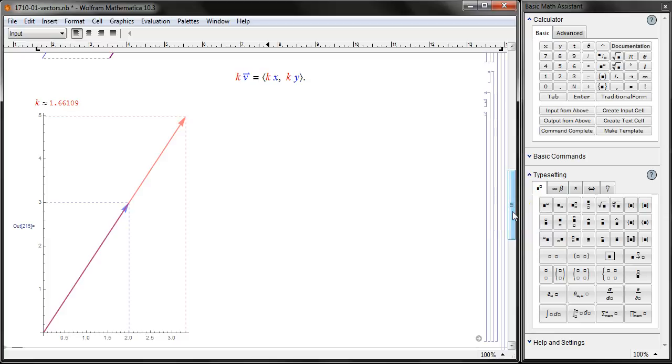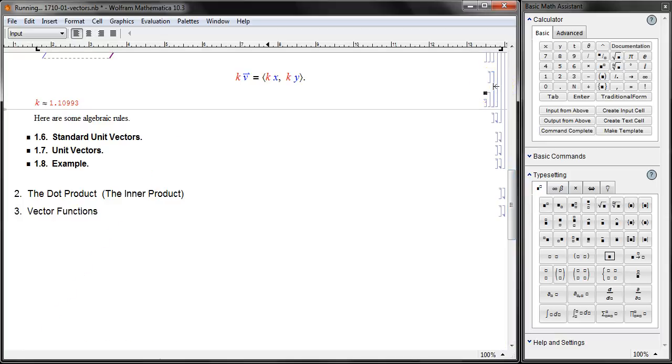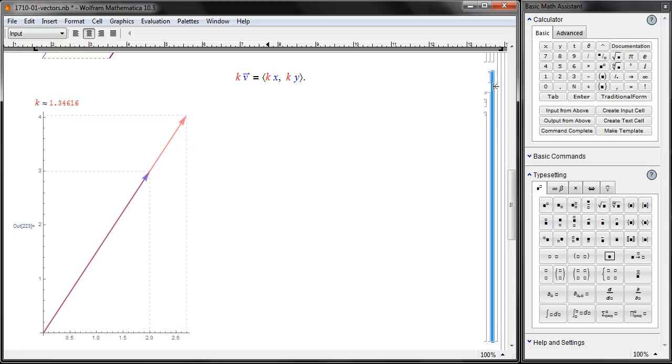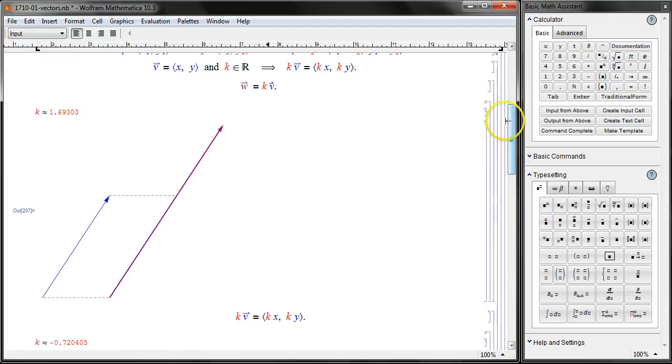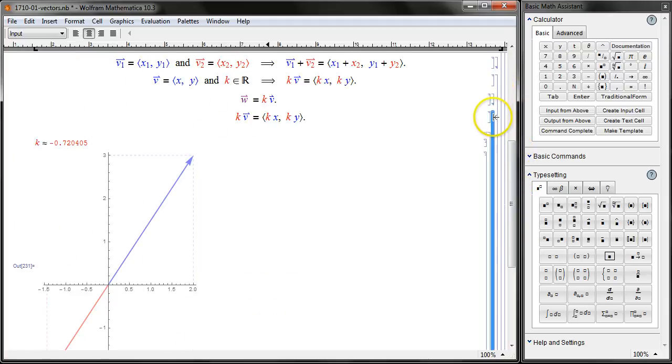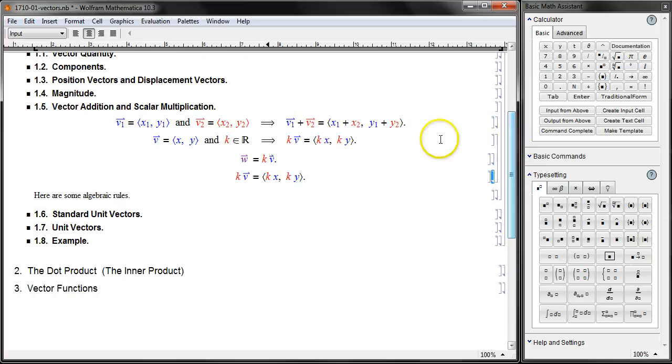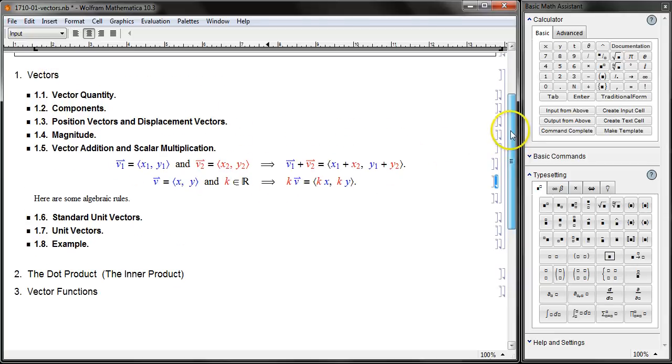And that visualizes scalar multiplication in terms of components. And if k is negative, red will go to the other direction, like this. So if you have components, just multiply k to each component, and that's how you do scalar multiplication.